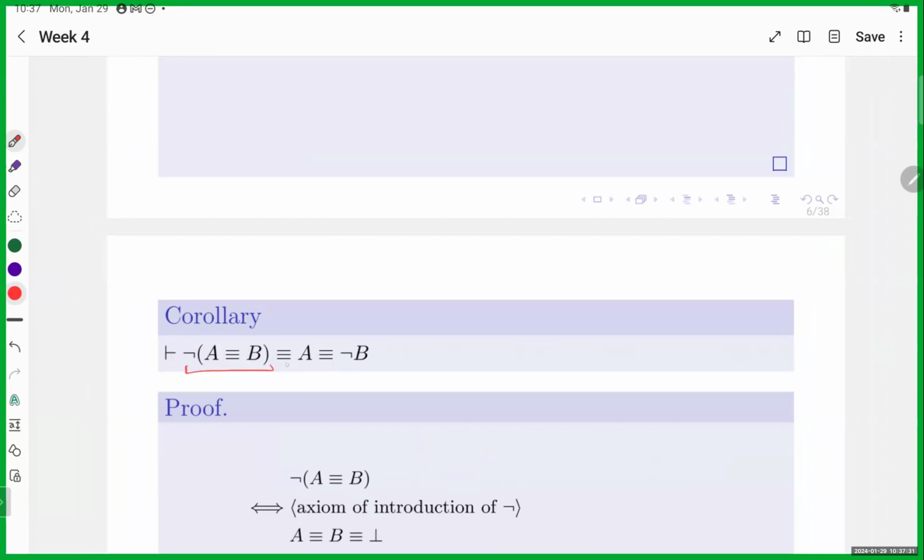It says that basically it's not the case that A is equivalent to B. So that means A is not equivalent to B. But A is not equivalent to B is the same as saying that A is equivalent to negation of B. Right? If A is not equivalent to B, then A is equivalent to negation of B.